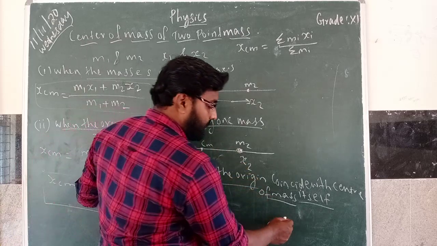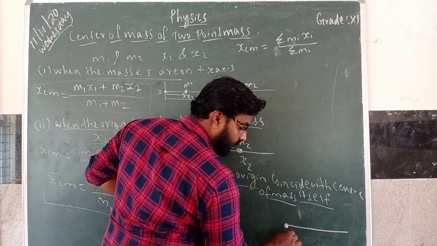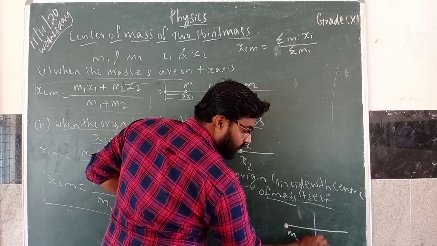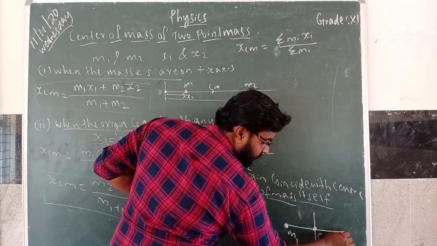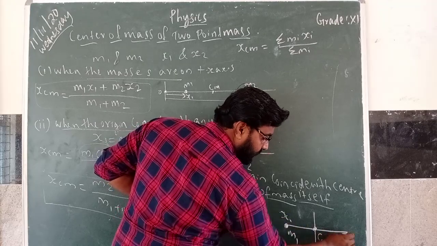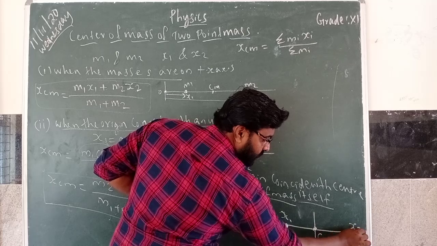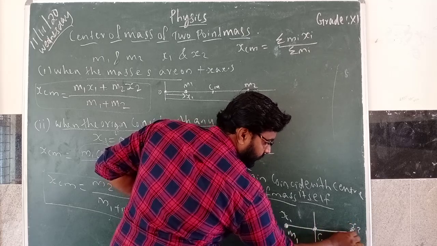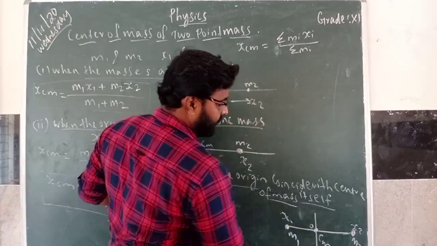So draw the diagram. Mass 1, origin coincides with the center of mass. Mass 1 is at position x1, mass 2 is at position x2. This is origin.